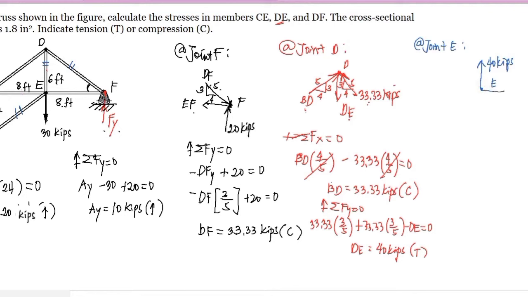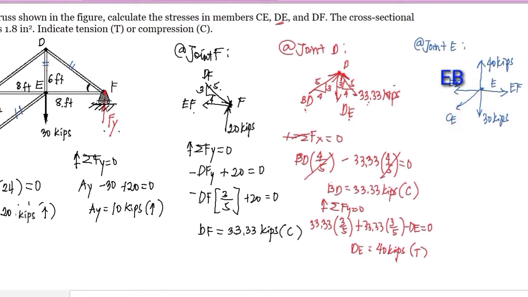So, it's away from the point, and this is EF. And si EB ay i-assume natin na tension din, and this is away from point E. And we have here the load of 30 kips. And we have the CE, so i-assume natin siya na tension din.